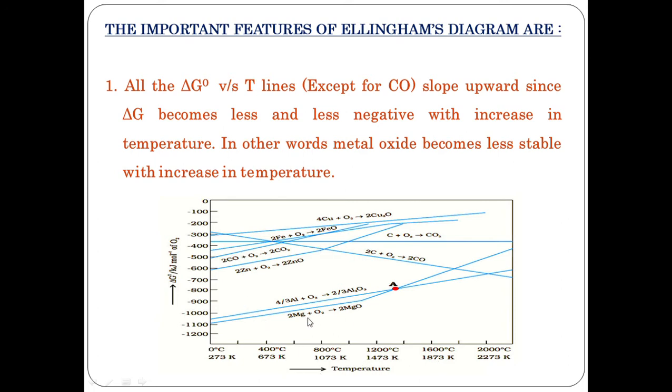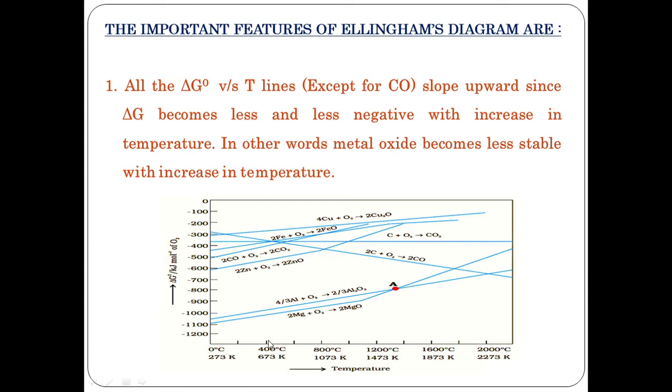There are some lines or slopes. Generally, most of the lines go upwards. Here the delta G naught values are higher, more negative, and these are less negative. While increasing the temperature, delta G becomes less and less negative.